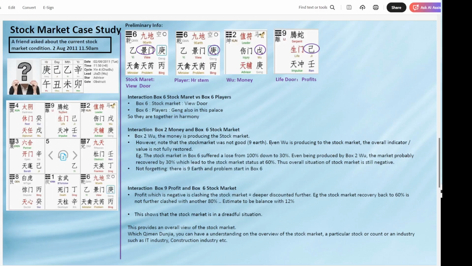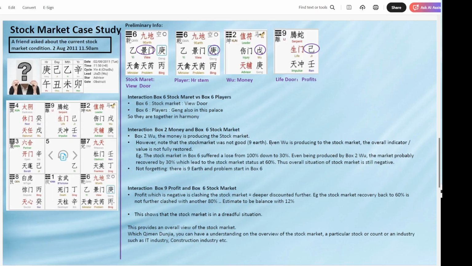So the profit is actually clashing with the stock market, which caused the stock market to perform worse. Even though the Wu is producing to the stock market and increased it a little bit, that is not enough. And now this profit box is clashing the stock market even further. So we can say that the stock market is in a very terrible, dreadful situation.